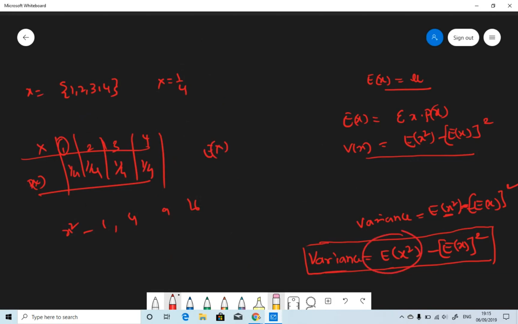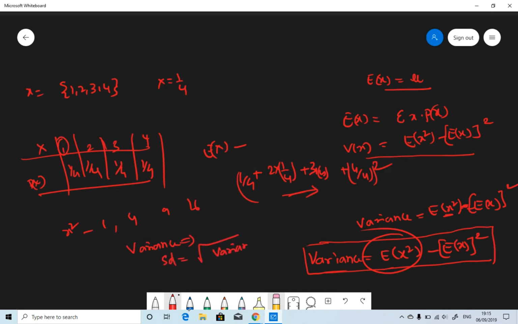Then minus: you do 1 into 1 by 4 plus 2 into 1 by 4 plus 3 into 1 by 4 plus 4 into 1 by 4. Then you find the whole square and subtract it. That is what you get as the variance. What is standard deviation? Square root of variance. This is how to find the variance and expected value. Is this example clear?